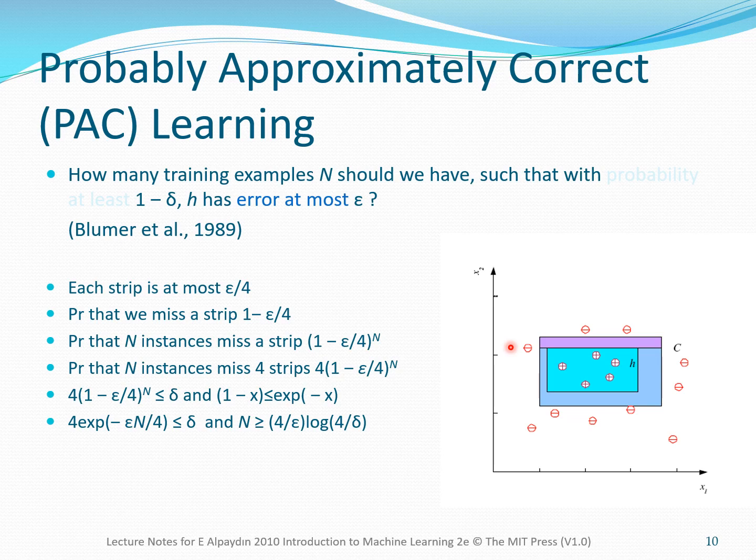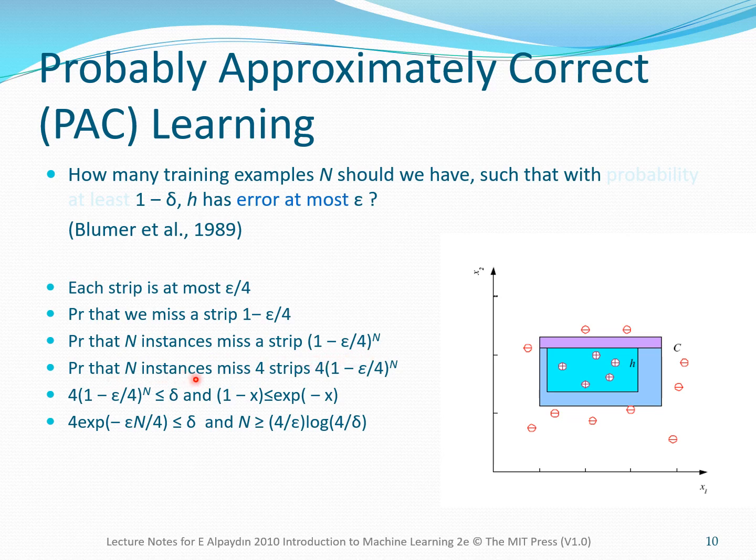For any of these strips, if we guarantee that the probability is upper bounded by at most epsilon by 4, the probability that we miss a strip is 1 minus epsilon by 4. Probability that n instances miss a strip is this.